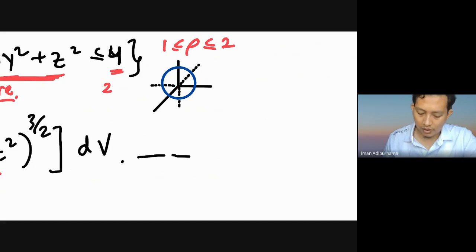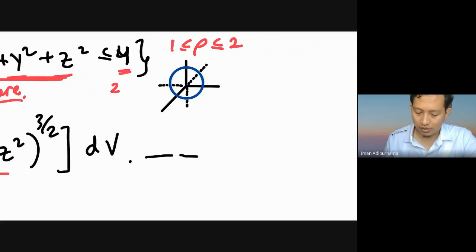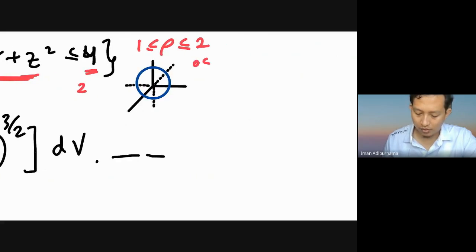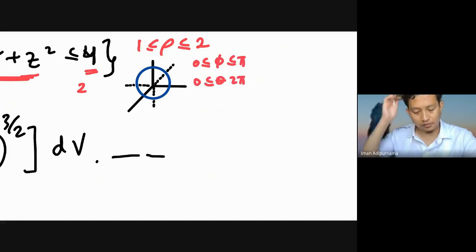And the angle psi from the z-axis here is pi, right? So all details will be put in. So psi is pi, and theta is 2 pi, the full circle, right?